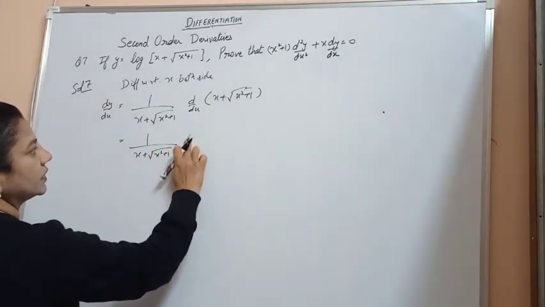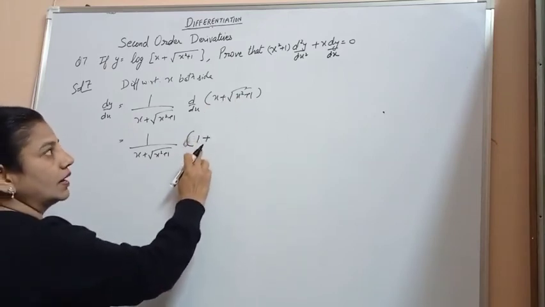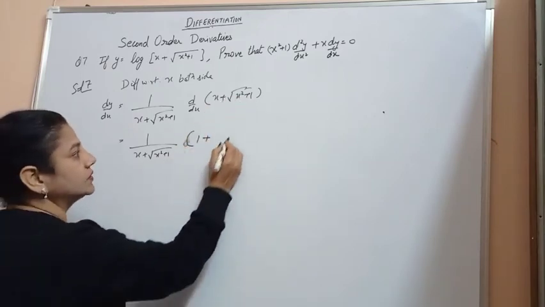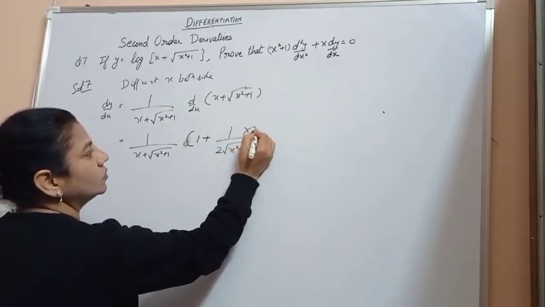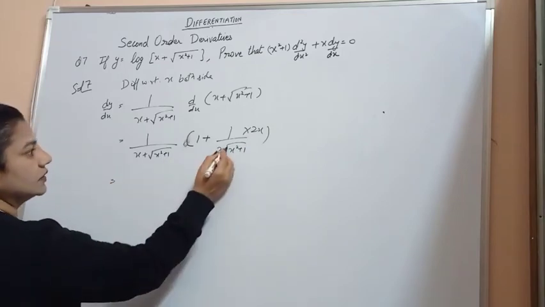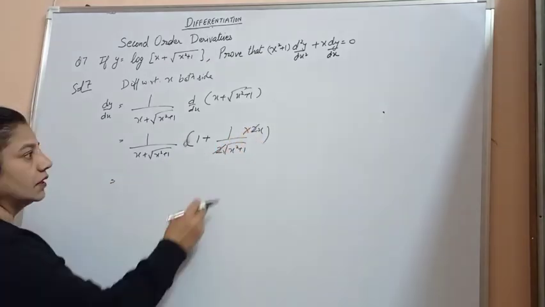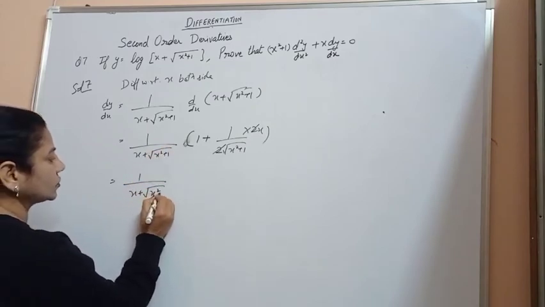Derivative of given function is 1 plus derivative of x is 1 and derivative of under root x square plus 1 is 1 upon 2 under root x square plus 1 into 2x. Take the LCM. This 2 and this 2 cancel out. Now take the LCM. 1 upon x plus under root x square plus 1.